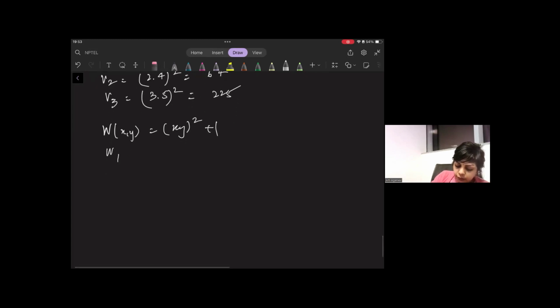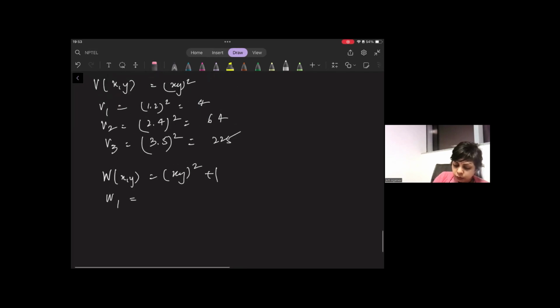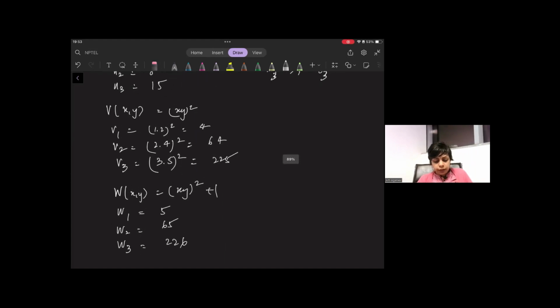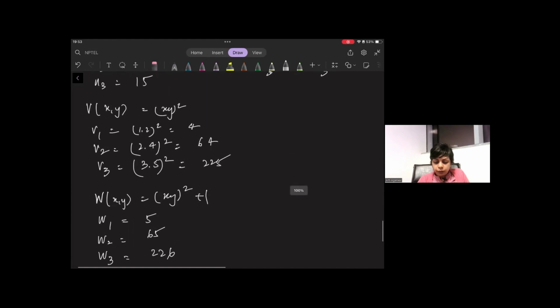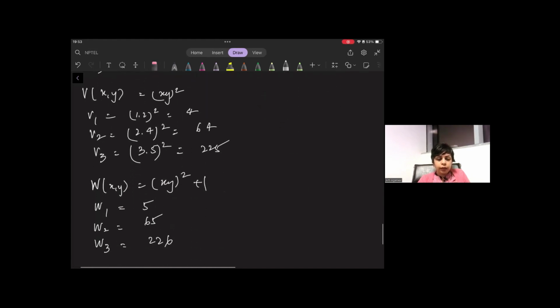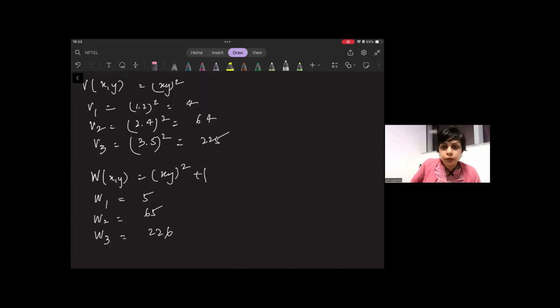We calculate this: W1 is 4 plus 1, 5. W2 is 64 plus 1, 65. W3 is 225 plus 1, 226. Again, is there any difference in the ranking between U1, U2, U3, V1, V2, V3, and W1, W2, W3? Values are again different, but the ordering is the same, right?